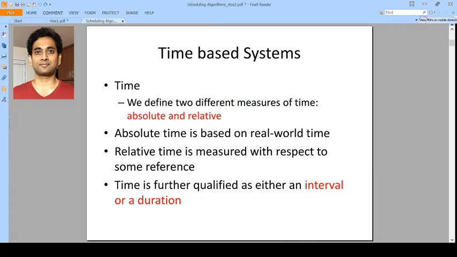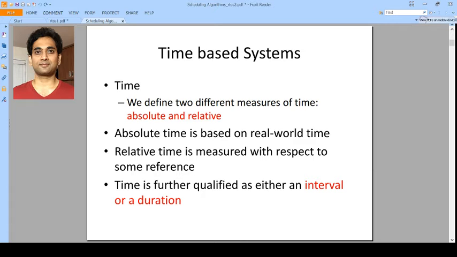We define what is known as absolute time and relative time. Absolute time is based on real world time. It is not relative to any computer event or any computer clock. Relative time, on the other hand, is measured with respect to some reference.